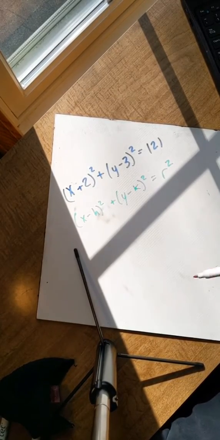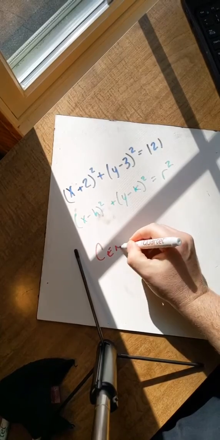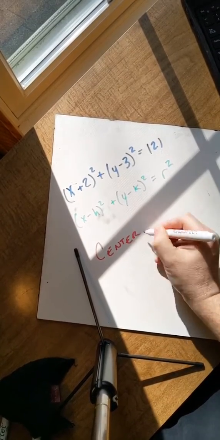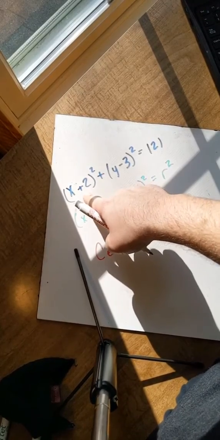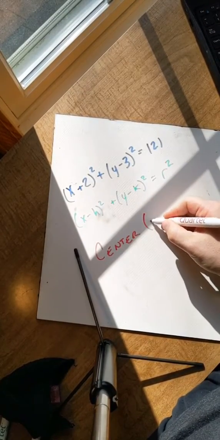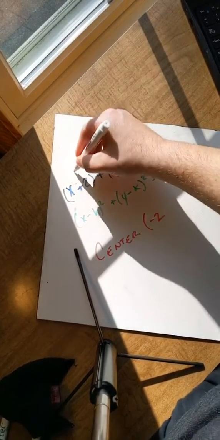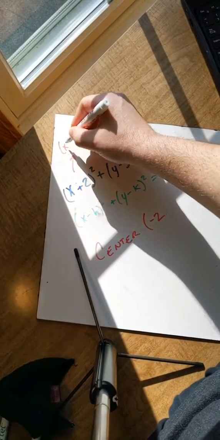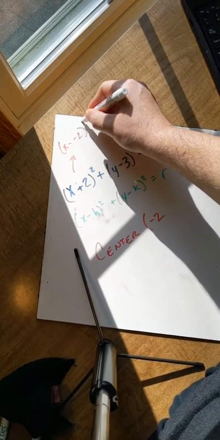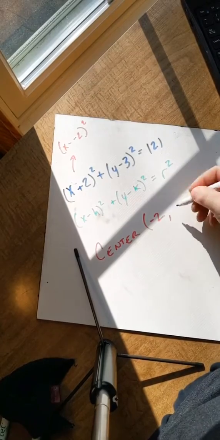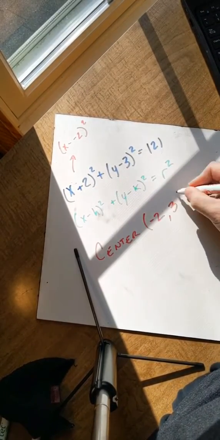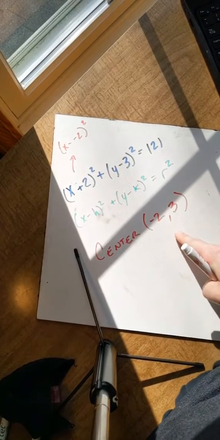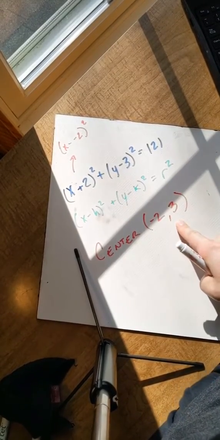For our center, we look to see what's being subtracted from the x and the y. Well, if there's a 2 being added to the x, what's being subtracted is a negative 2, because we could change that to (x minus negative 2) squared. And then the k is just y minus 3, so that means a 3 is being subtracted from the y. So the center is at (negative 2, 3).